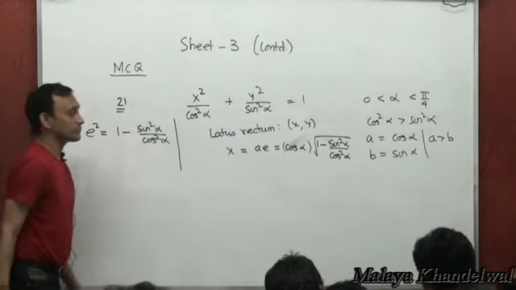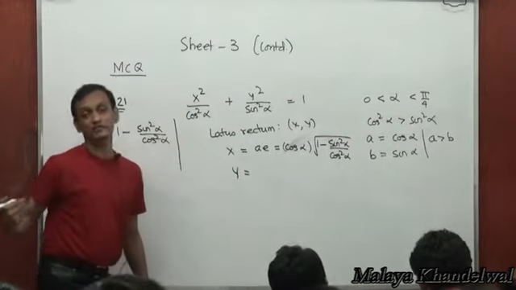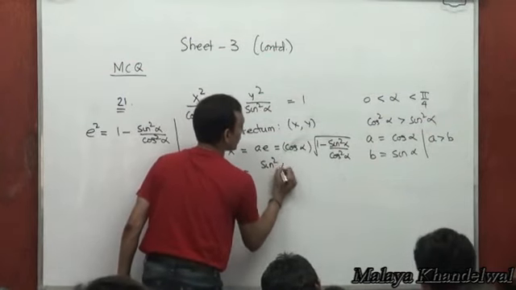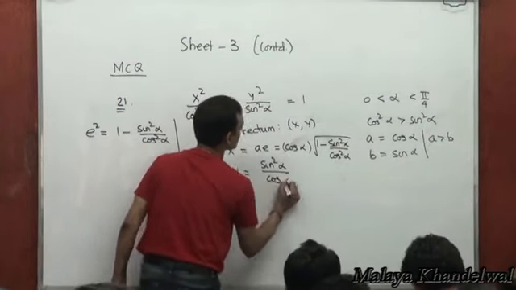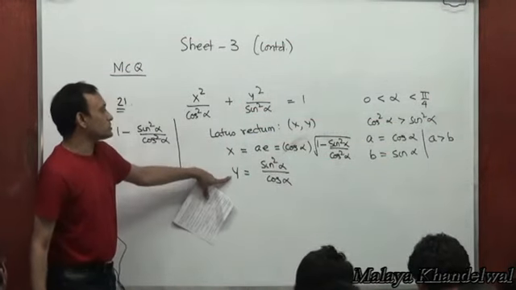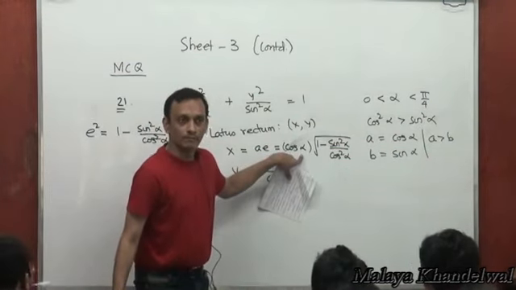That's x, right? The y would be b squared by a, that is sin squared alpha by cos alpha. So now we have the x and y coordinates of the latus rectum in terms of the parameter alpha.